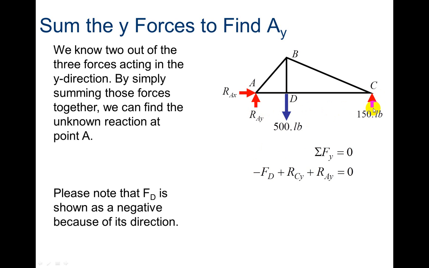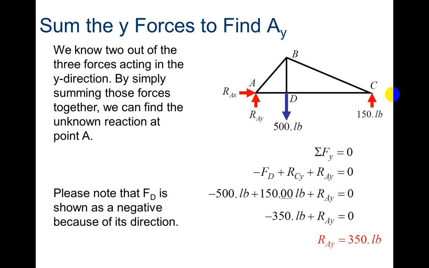The reaction forces are going up, so that's why those are positive. Okay, filling in all that I know. And then I can solve for RAY because it's my only unknown. Okay, giving me 350 pounds.